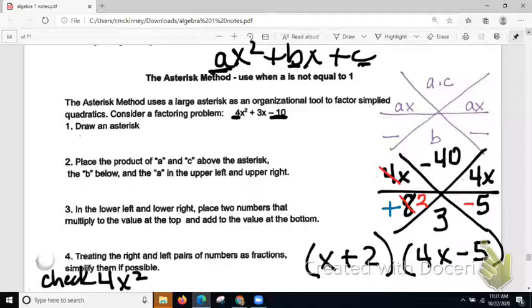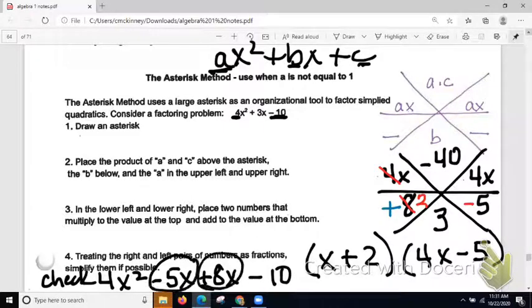X times negative 5, negative 5x. 2 times 4x is plus 8x. 2 times negative 5 is negative 10. And then these 2 in the middle that are like terms would add up to be 3x. And sure enough, that matches what we started with.